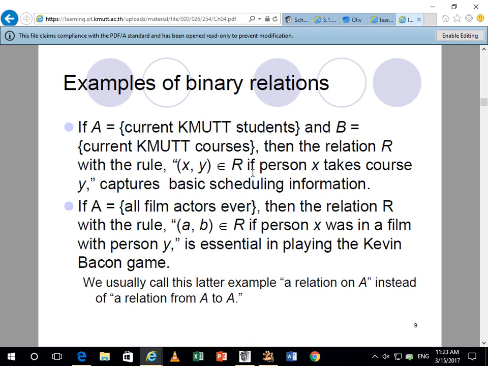Let's define the domain as the current KMUTT students. It could be undergraduate or postgraduate or even exchange students. And B is current KMUTT courses. So CSC165 is one of the current KMUTT courses, but there are others.